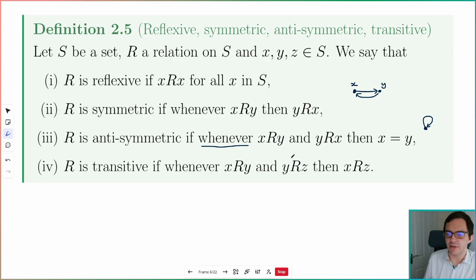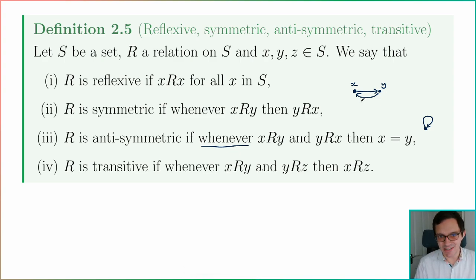The main idea here is that for two different elements, you're not allowed to have that relation in both directions, like in the picture up here for the symmetric case. So it's almost an opposite of symmetric, but not enough that I want to describe it as the opposite of symmetric. It's possible to be both symmetric and anti-symmetric, something we're going to see in a second.